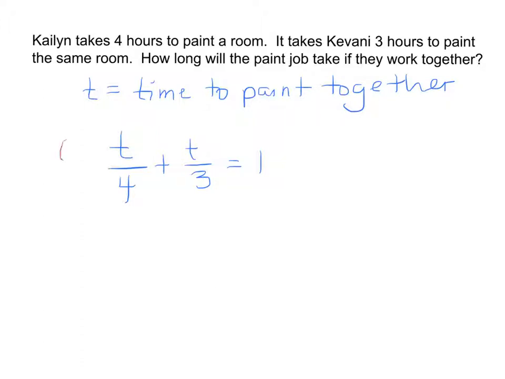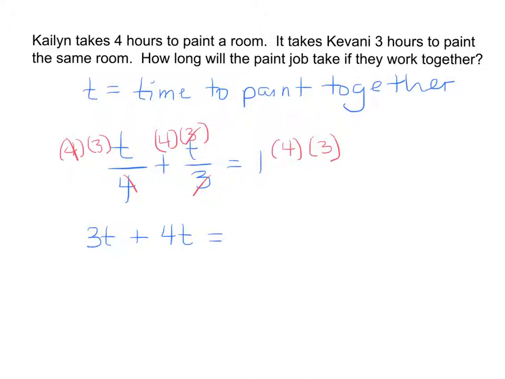So we'll go times 4 and times 3, which is 12, times 4 and times 3. But what happens, right? The denominators cancel out. The 4's are gone there, so we have 3t plus, here the 3's cancel out, so we have 4t equals 1 times 4 times 3, which is 12.